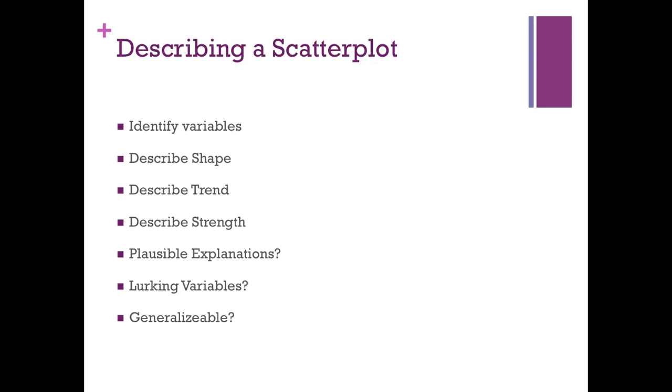So is there something else that might be kind of hidden that might explain the relationship as opposed to an actual relationship between the X and the Y variable? And the last thing you want to talk about is whether it's generalizable. Can you generalize this pattern to other cases, or is that relationship all you get?